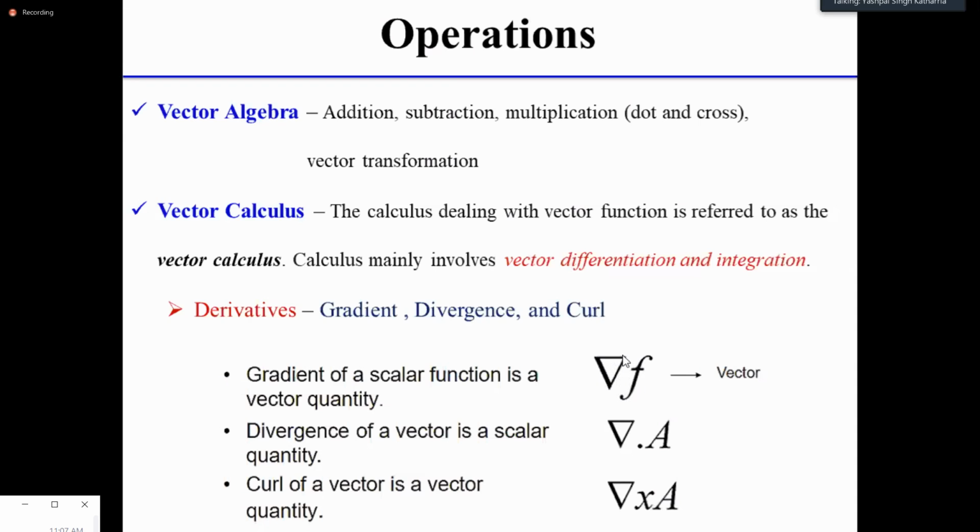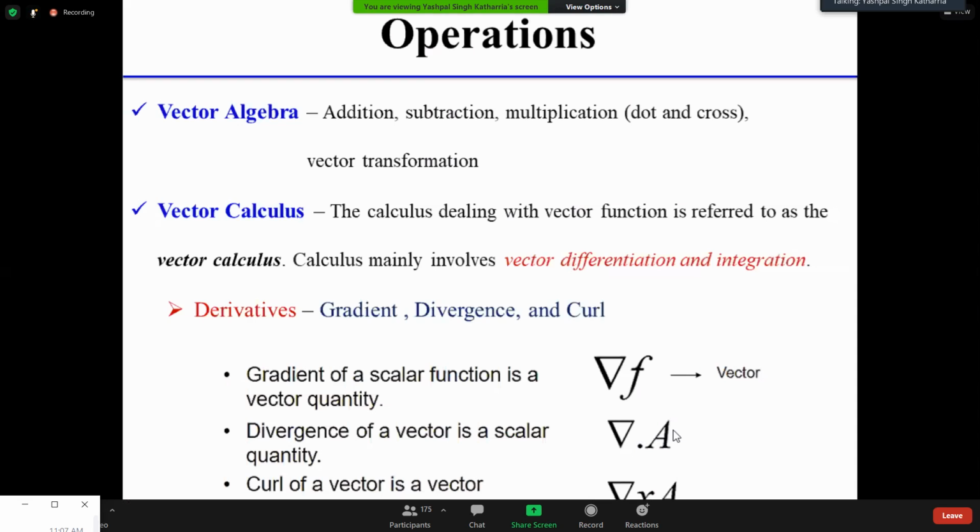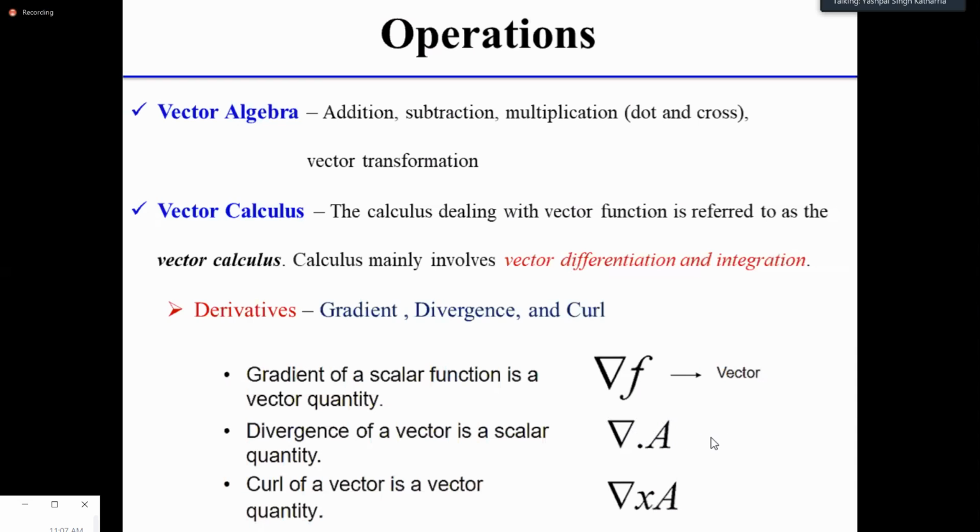So del of a scalar function is called gradient. Then del dot A, where A is a vector. Del is also defined as a vector, though it's not a normal vector. So del dot A is then defined as the divergence, and then del cross A is defined as the curl. So here A and del both are vectors. This f here is a scalar function.